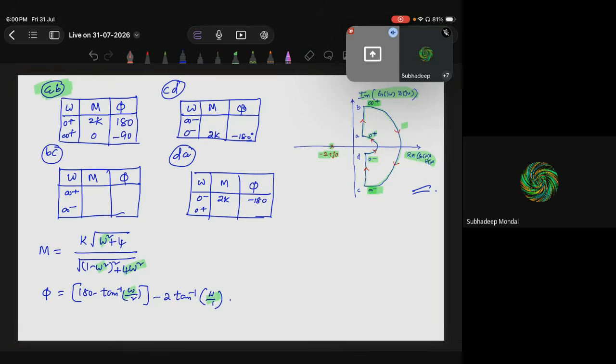Is it clear? So this is 2K angle 180. If you want, you can check that. Similarly, infinity plus is 0 minus 90, infinity minus will be 0 plus 90. Similarly, this is 0 minus 90, 0 plus 90.